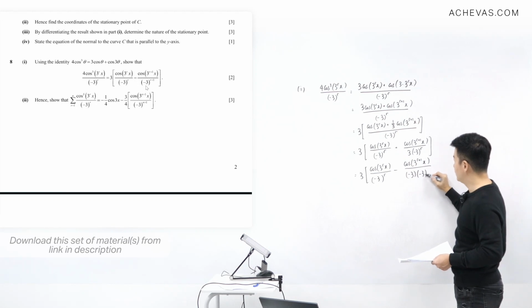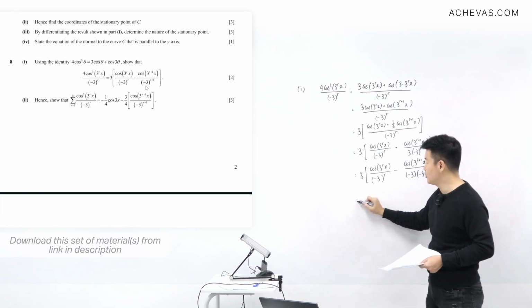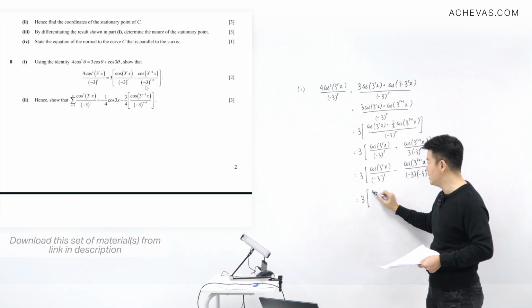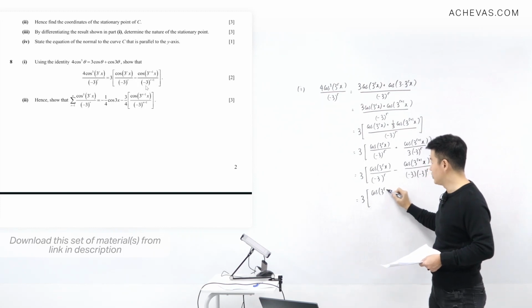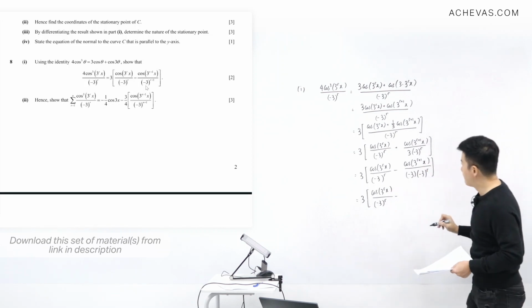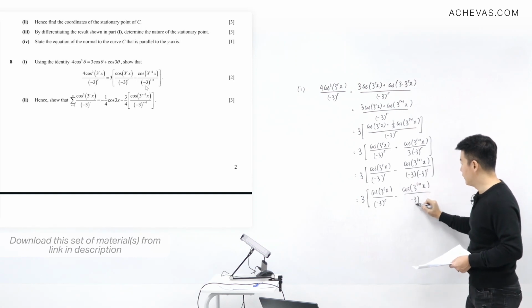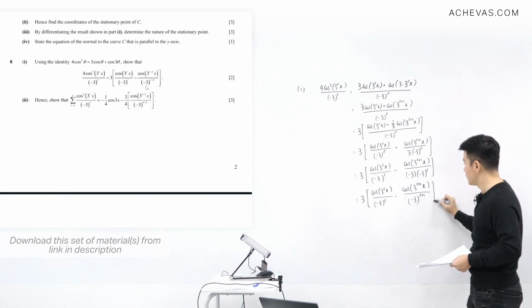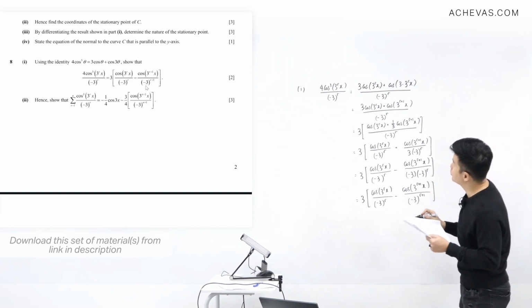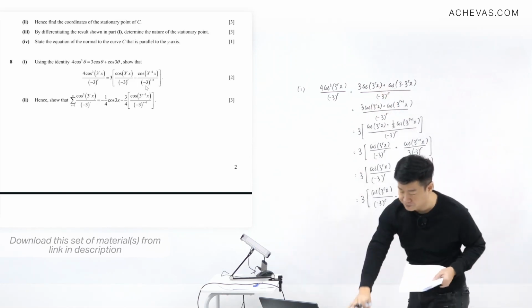So negative 3 to the power of r, and this will help me to show what the question wants me to show already. So we have this cosine 3 to the power of rx over negative 3 to the power of r, minus away cosine 3 to the power of r plus 1 x over negative 3 to the power of r plus 1. So this is what the question wants us to show. Let me write it down here.